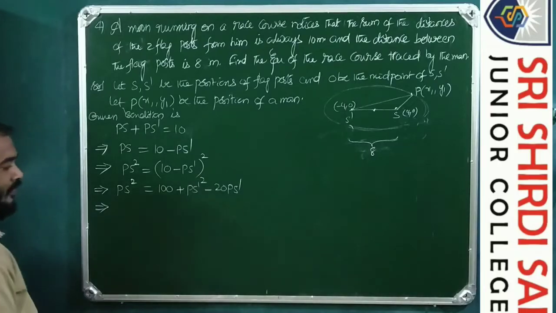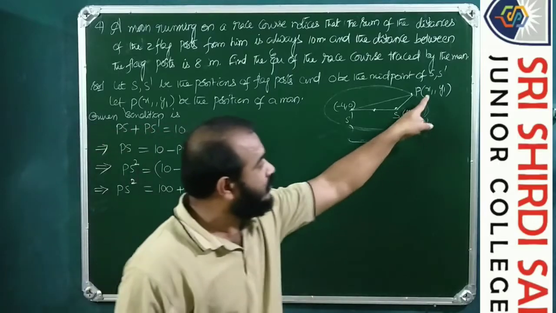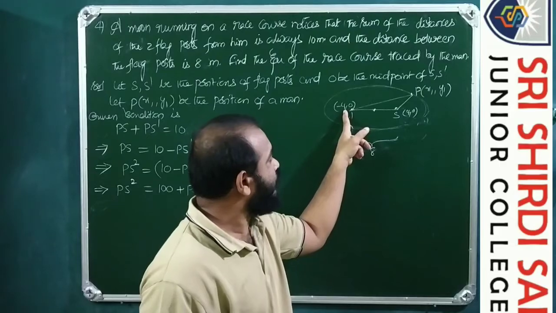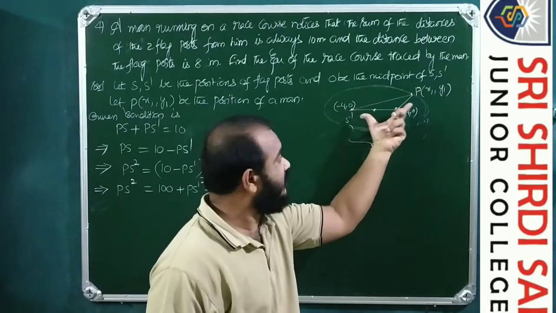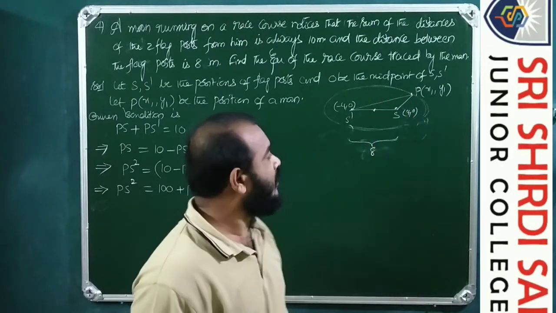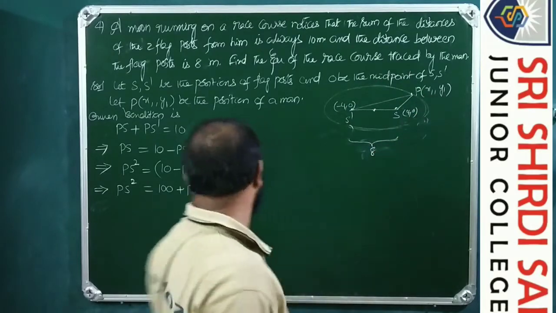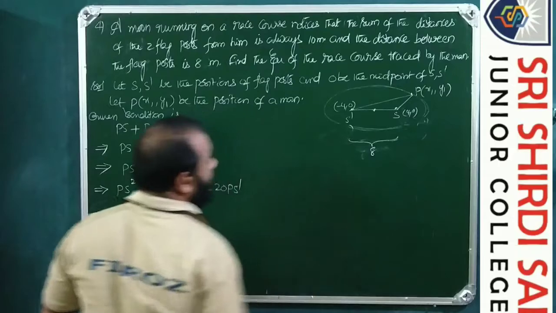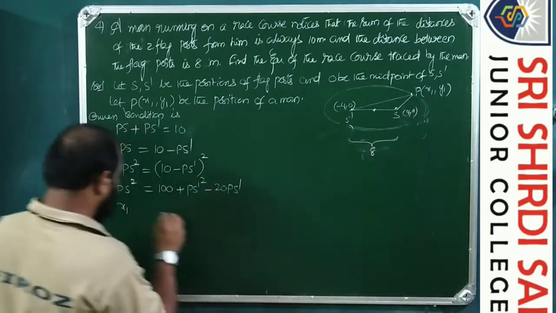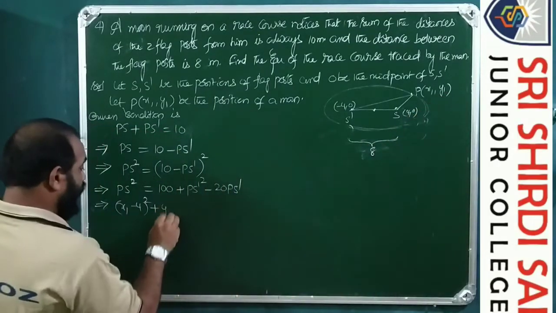So here, what is PS? PS is the distance between the two points. S dash P is, by the distance formula, (x1 minus of minus 4) whole square, that is (x1 plus 4) whole square, plus (y1 minus 0) whole square. What is SP? Distance between (x1, y1) and (4, 0). So SP square is (x1 minus 4) whole square plus (y1 minus 0) whole square, that is y1 square.